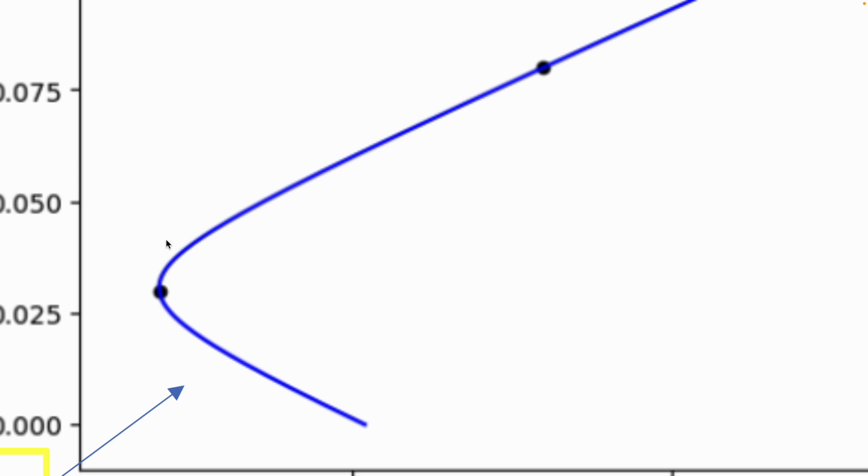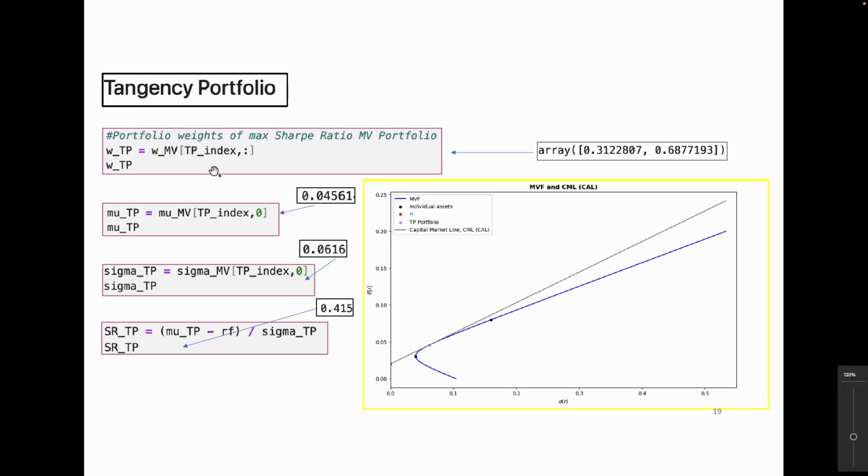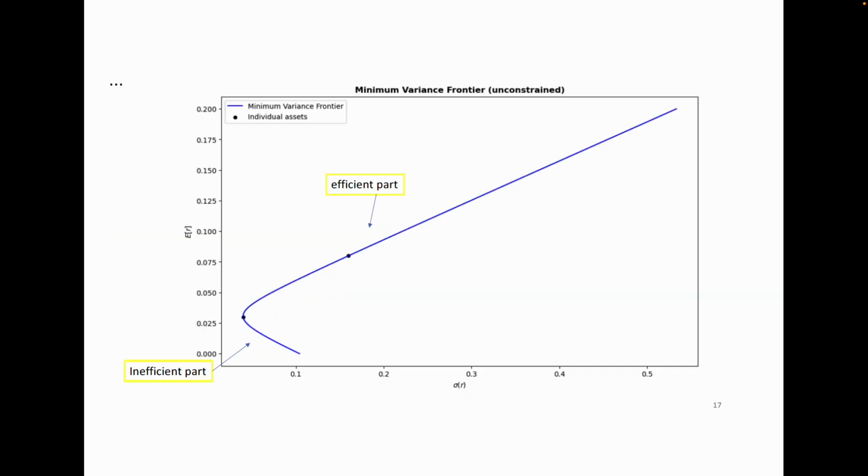Good. But if we compute the minimum variance frontier using this analytical algorithm, we cannot jump directly to the efficient part, but we need to compute first the minimum variance frontier and then compute the efficient part.